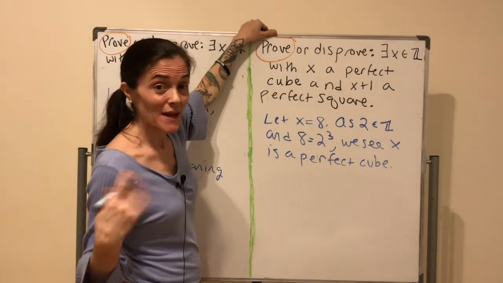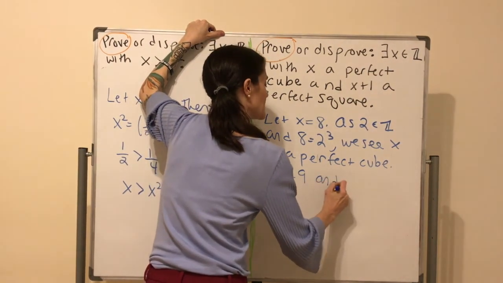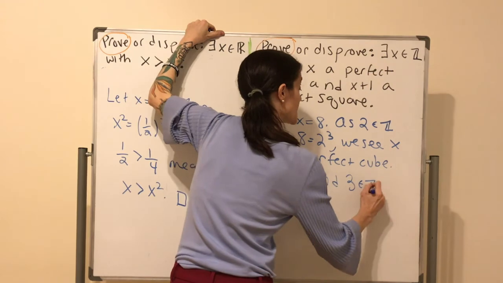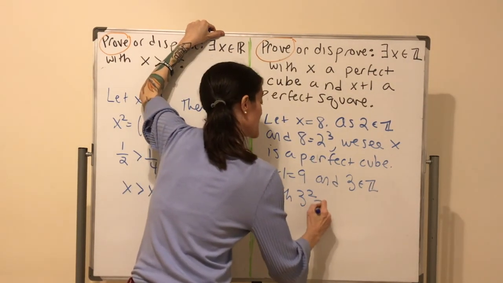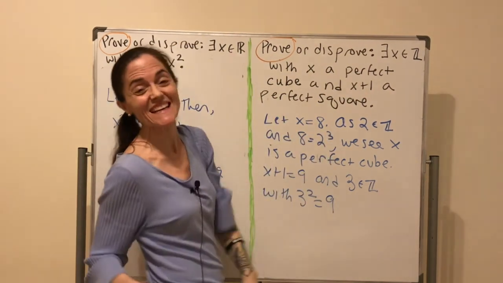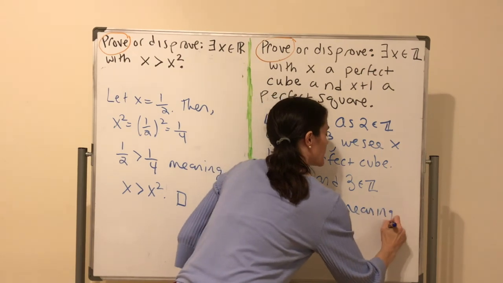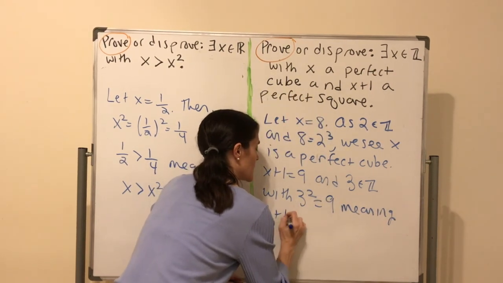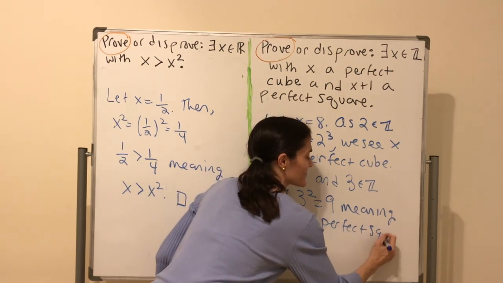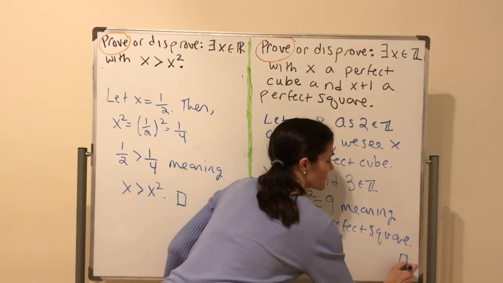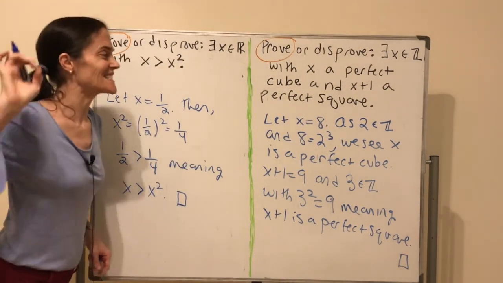Now, x plus 1 is 9. And, well, 3 is an integer with 3 squared is 9. And so this means that x plus 1 is a perfect square. And this is the end of this proof. It was an existence type proof.